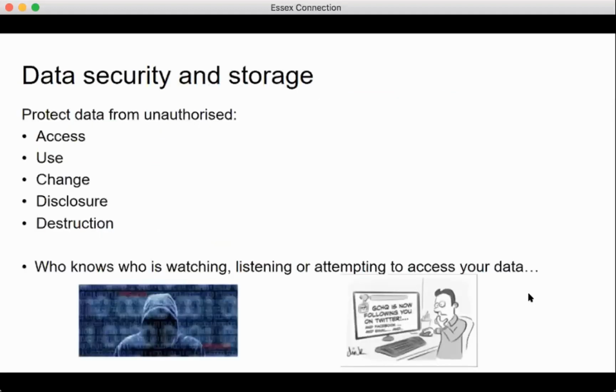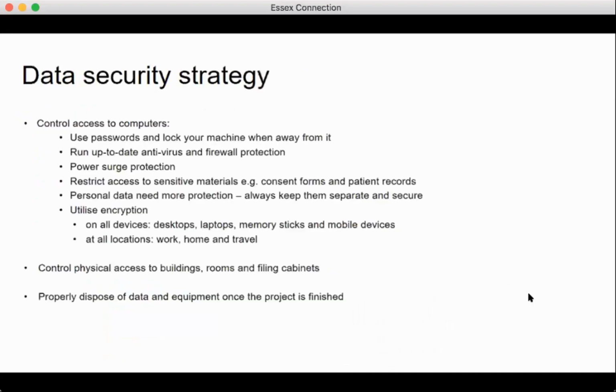Okay, we will now have a brief look at data security and storage issues. So it's very important when we collect data to think in advance about mechanisms and procedures that need to be put in place to prevent unauthorized access, use, change, disclosure, or destruction of our data. Right, so we need to think about who else will have access to it, who else can have access to it, right.